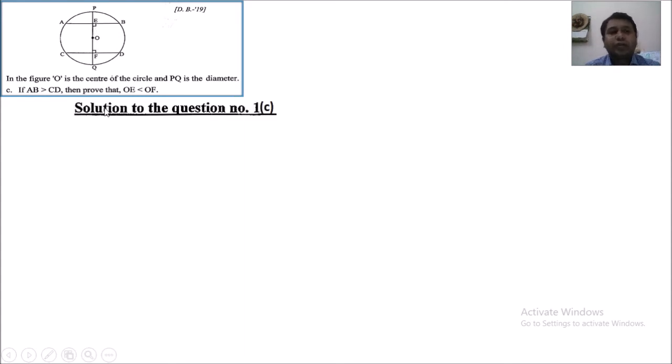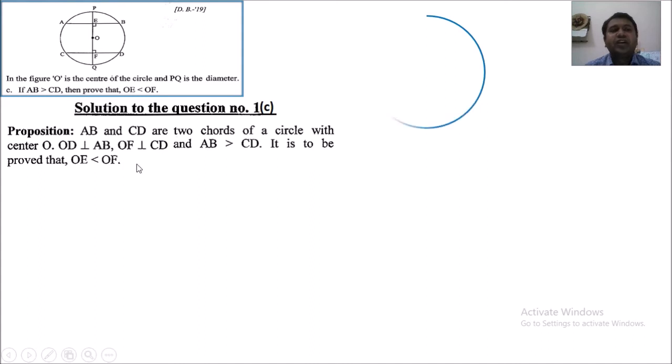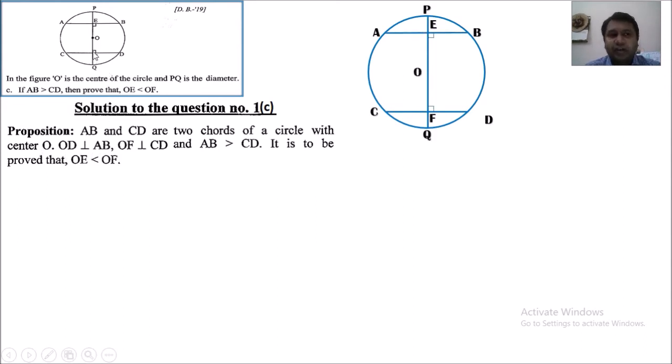Now, how are we going to prove it? Look here. AB and CD are two chords of a circle with center O, and OE is perpendicular to AB. This symbol is shown, which is 90 degrees, meaning perpendicular.